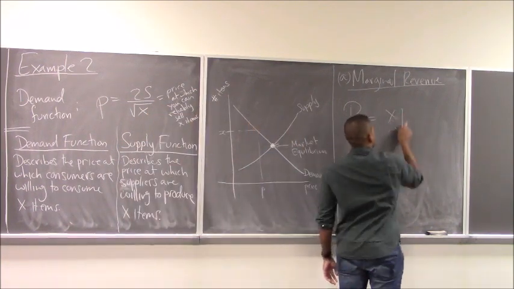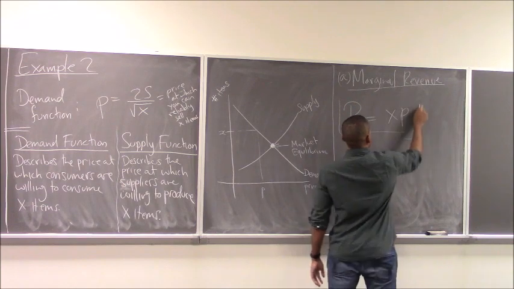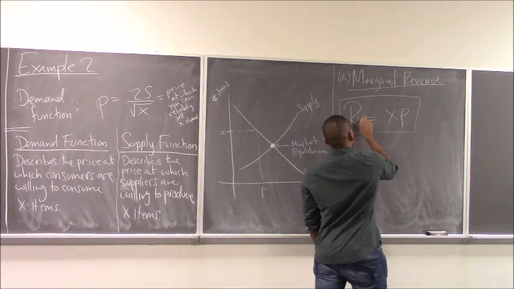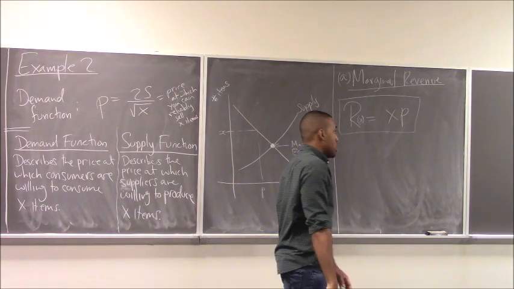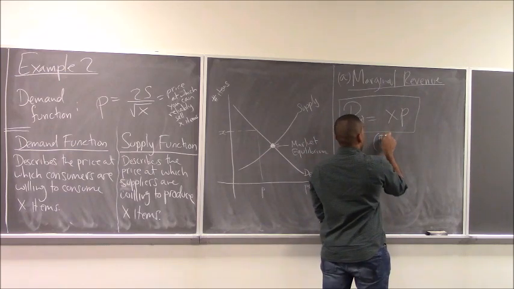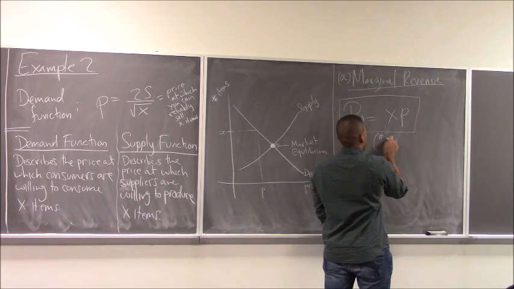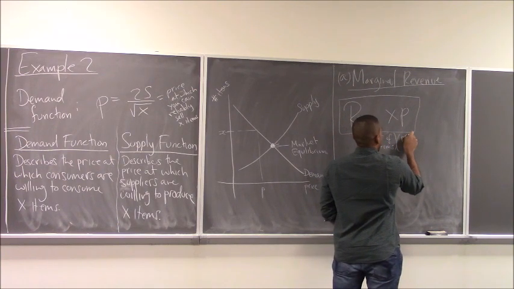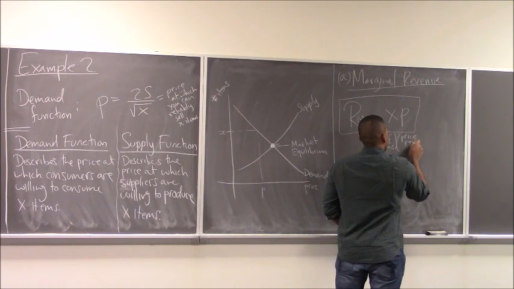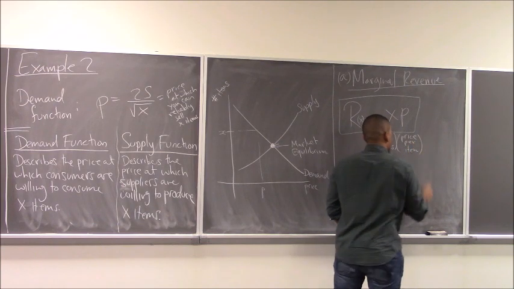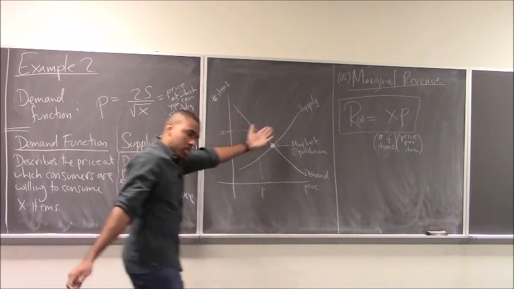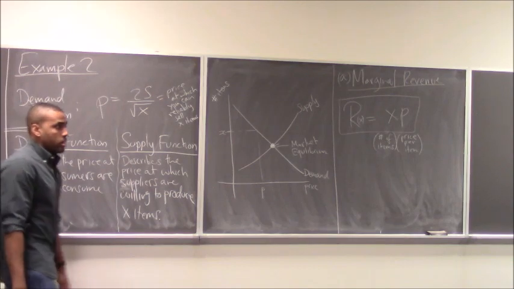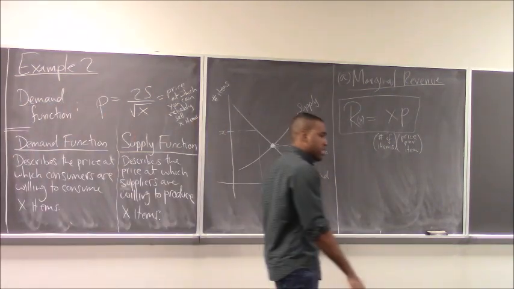That's just X times P. This is a definition we can take now. R of X is going to be X times P. This is the number of items times the price per item. And of course I put it in a box because I expect you to memorize this at this point. That's how you find the revenue.